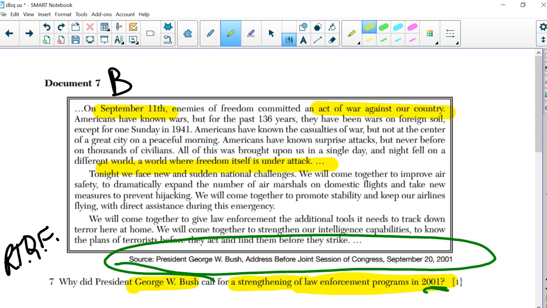We will come together to promote stability and keep our airlines flying with direct assistance during this emergency. We will come together to give law enforcement the additional tool it needs to track down terror here at home. We will come together to strengthen our intelligence capabilities, to know the plans of terrorists before they act, and to find them before they strike.